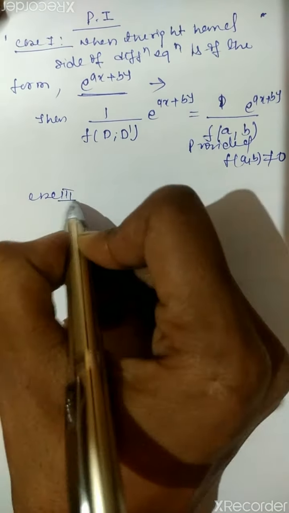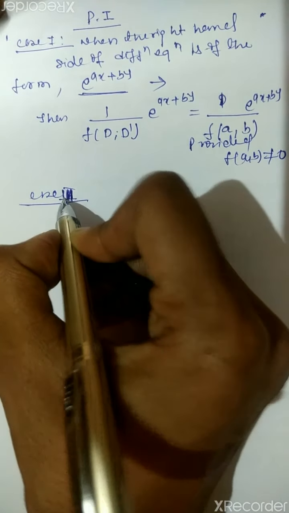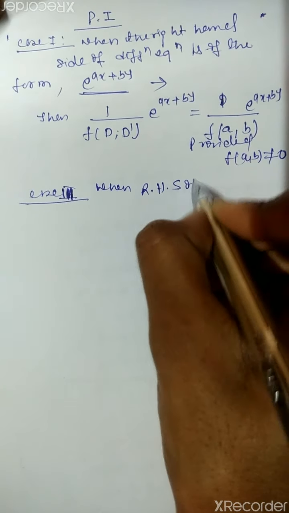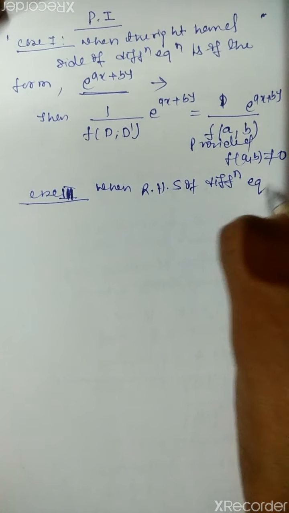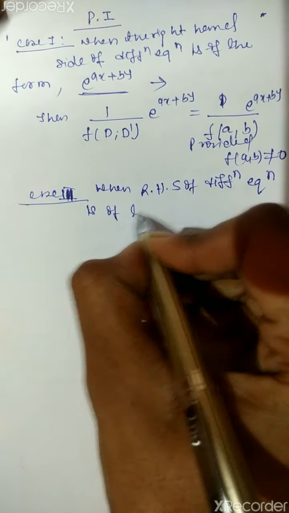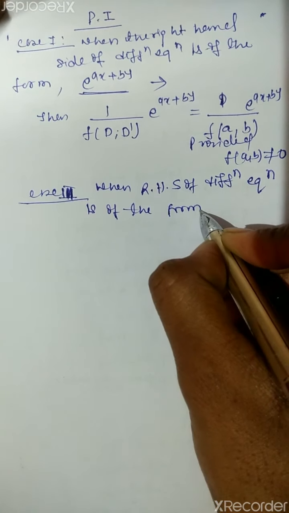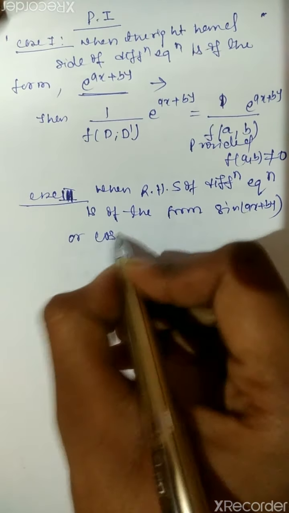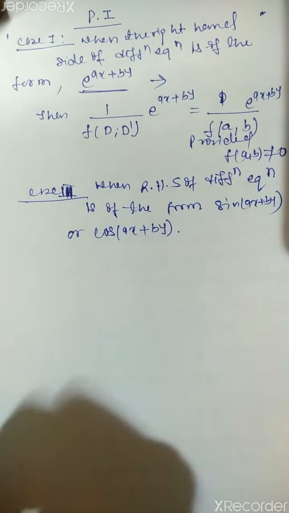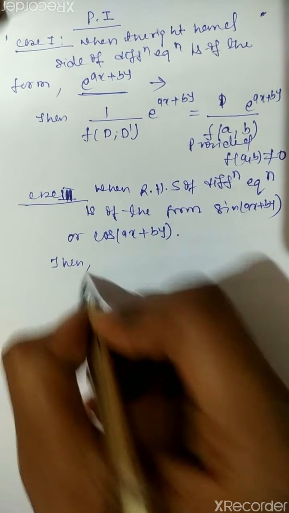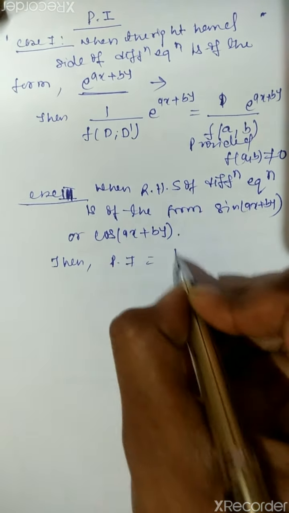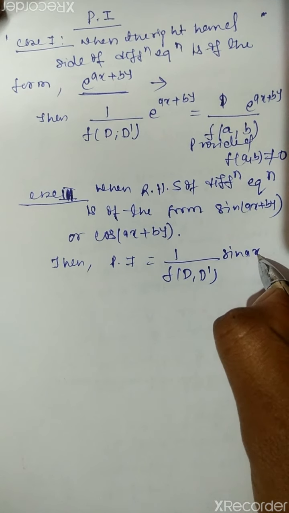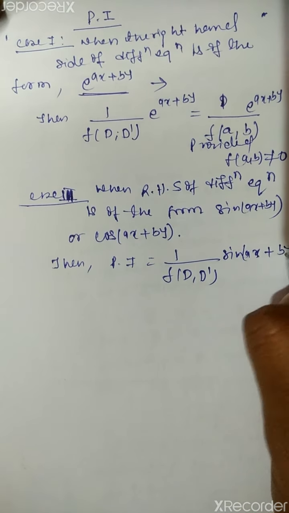Now case 2. In case 2, when the right hand side of the differential equation is of the form sin(ax plus by) or cos(ax plus by), then the particular integral is 1 by f(D, D') sin(ax plus by).